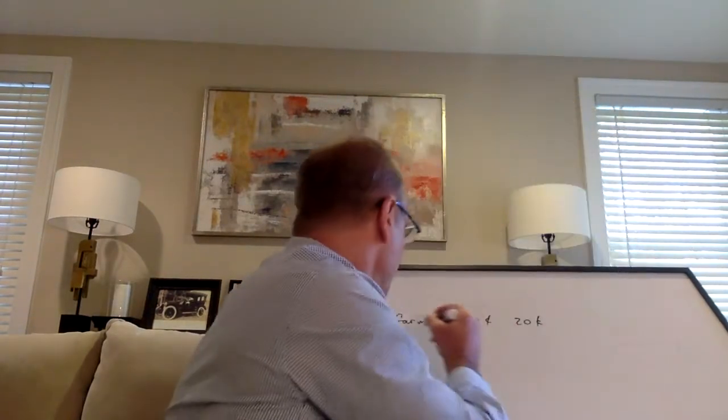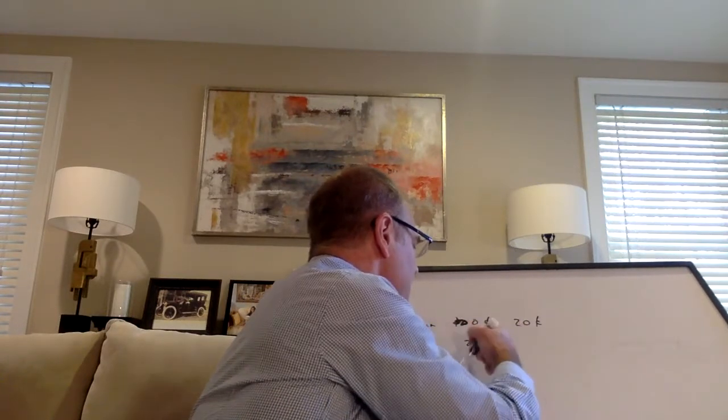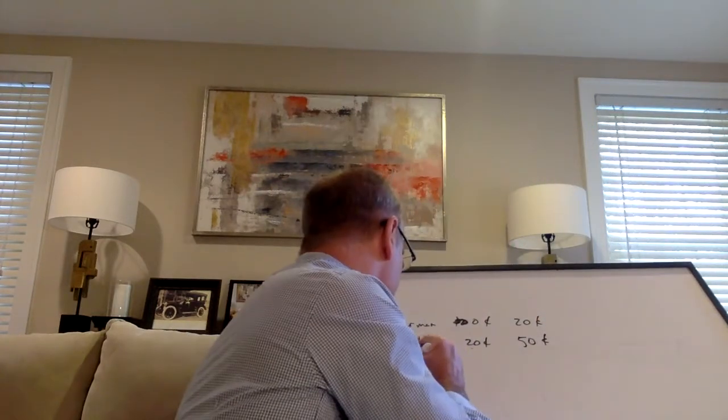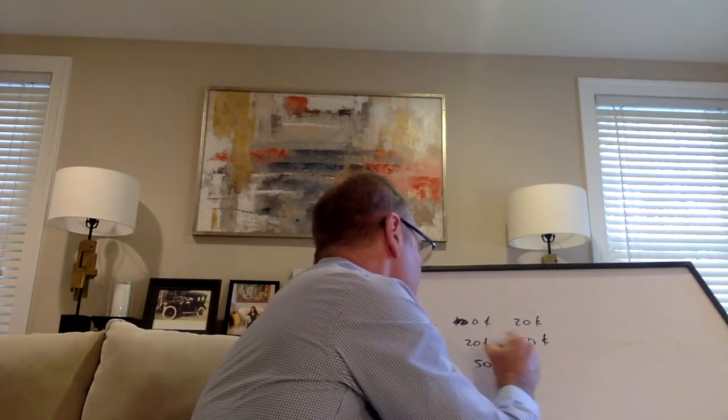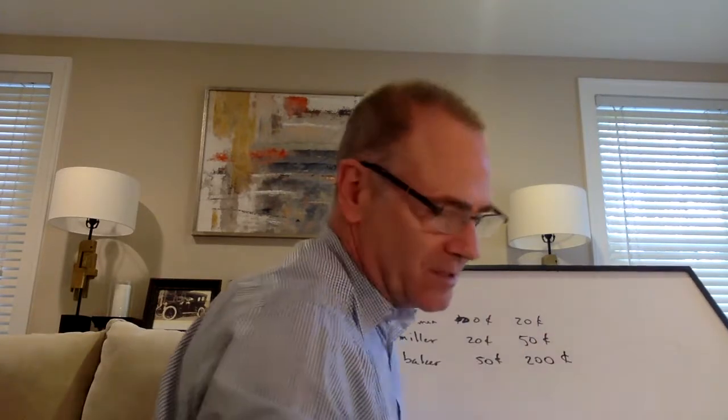The miller is paid 20 cents for that unit of wheat, grinds it into flour, and sells it for 50 cents to the baker. The baker pays 50 cents for that unit of flour and then converts it into a loaf of bread and sells it to a grocer for $2, but I'm going to call it 200 cents.